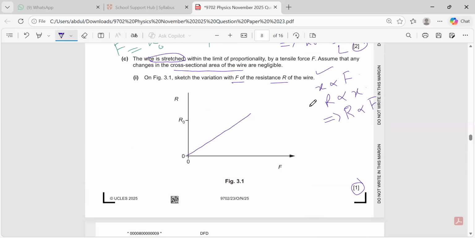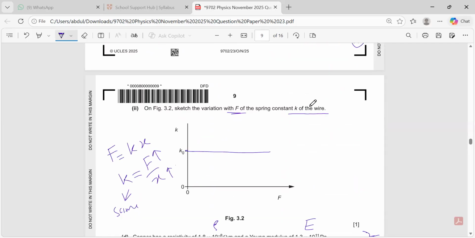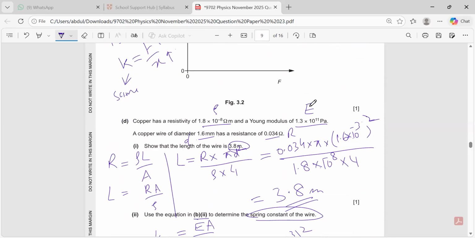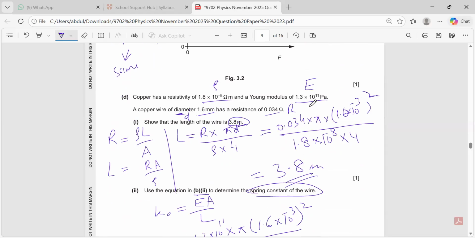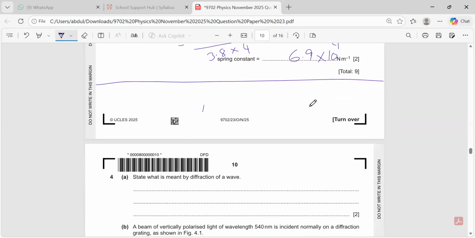How? See, we are given here the wire's diameter: a copper wire has a diameter of 1.6 millimeter. Now, my dear son, for a wire, cross-section area is pi r square. So we know radius is d by 2. Are you with me? Yes.